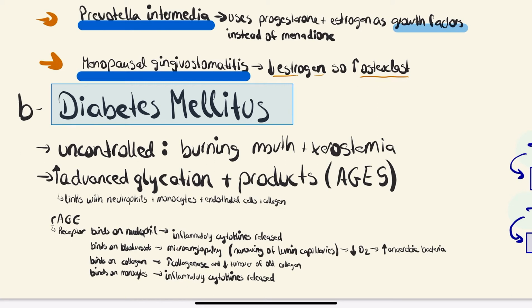What is important to know is the increased advanced glycation end products, which are also called AGEs.